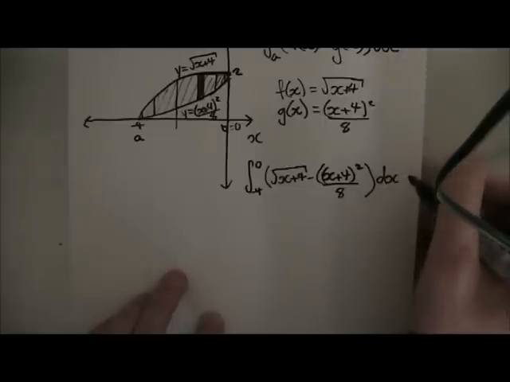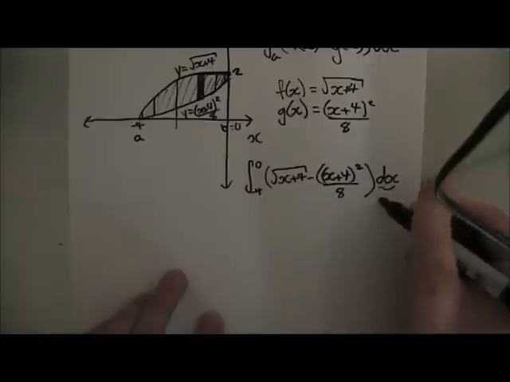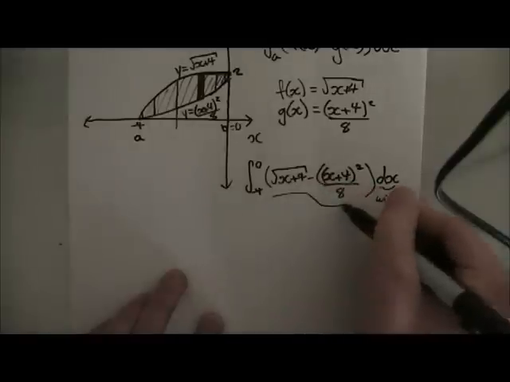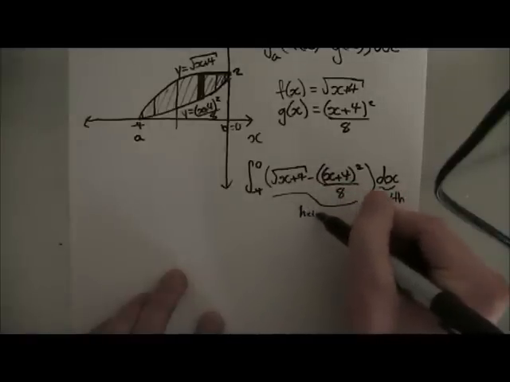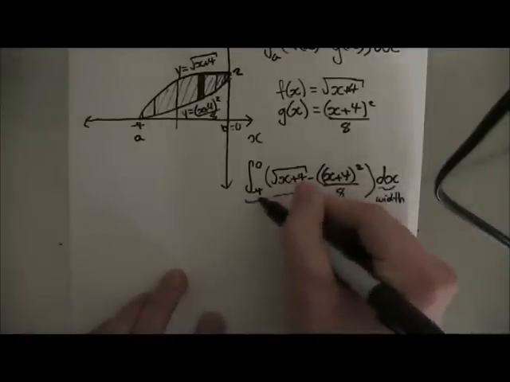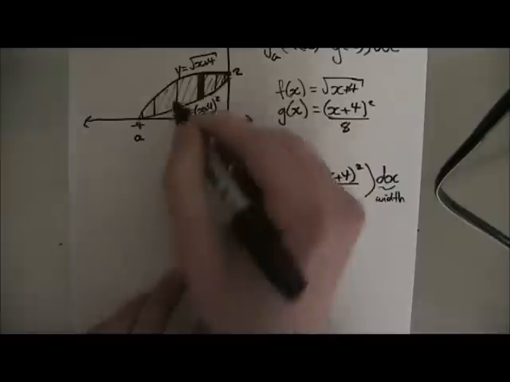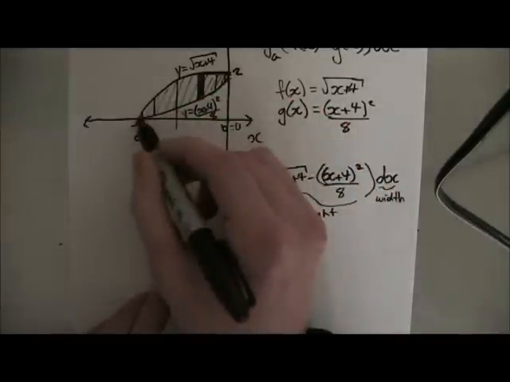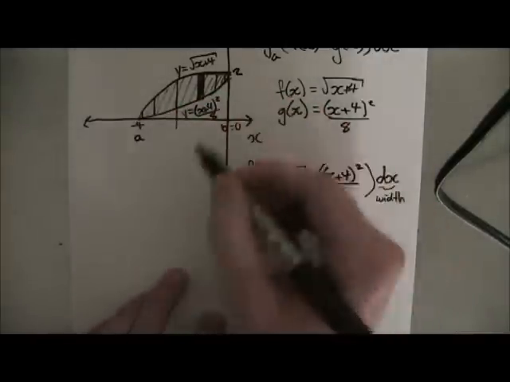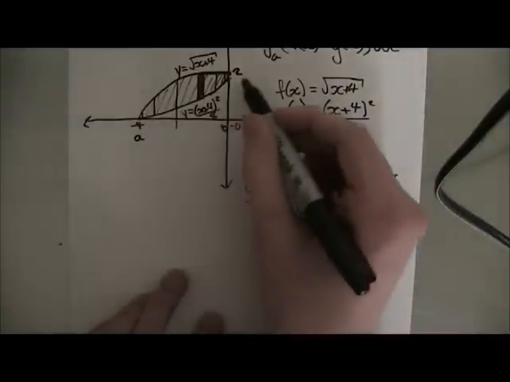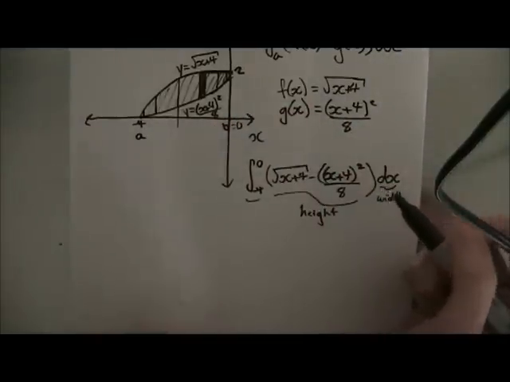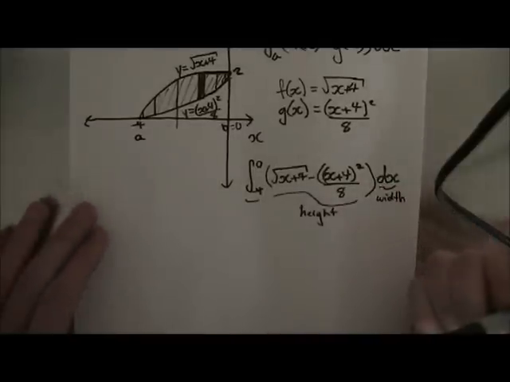Don't forget that dx. Very important. Remember, this is the width of your imaginary rectangle. This calculates the height. And the integral adds all the infinite amount of rectangles from point a to b together, so you get the complete area between the two functions.